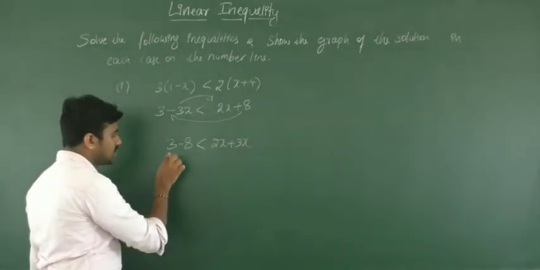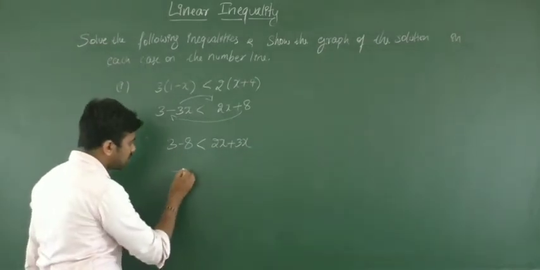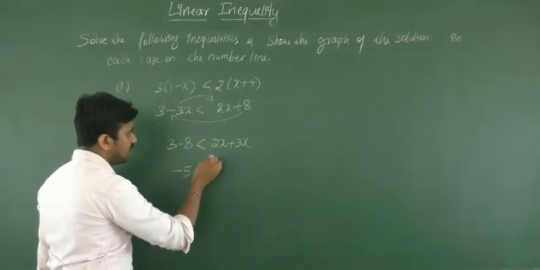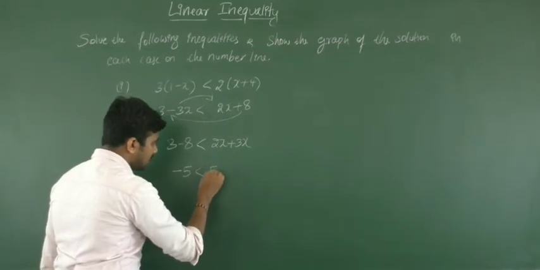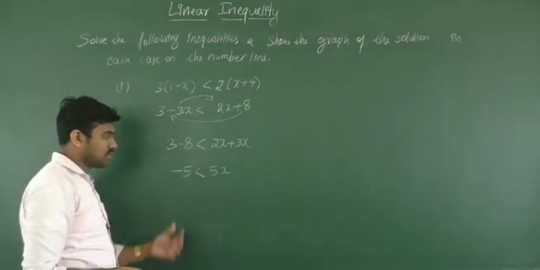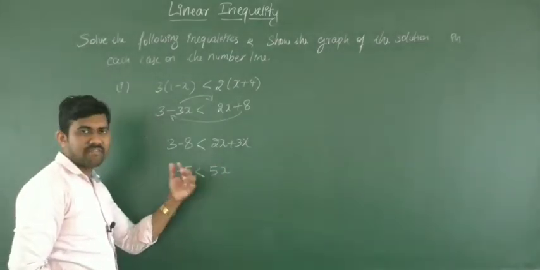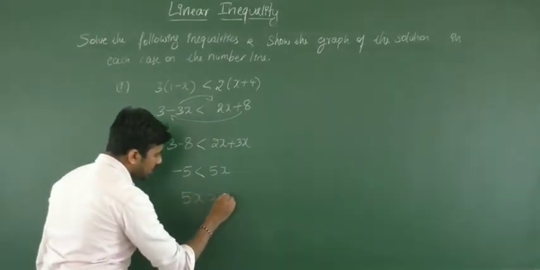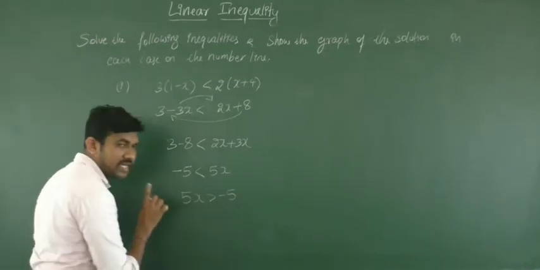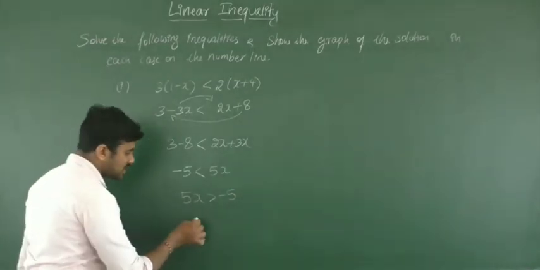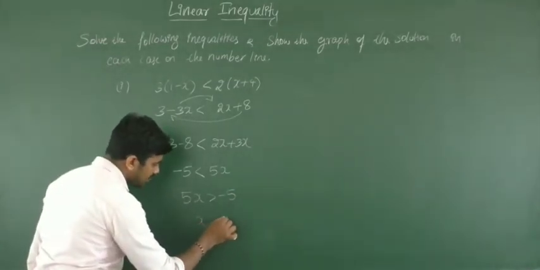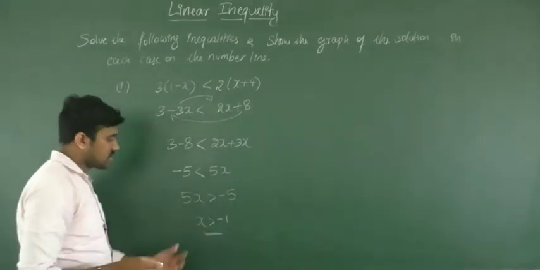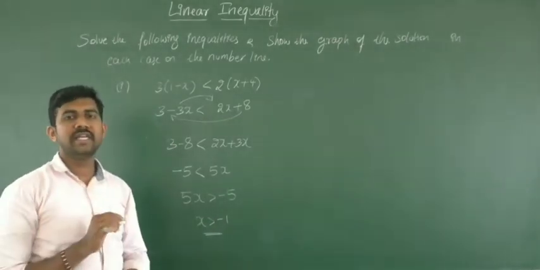That is minus 5 less than 5x, or we can say 5x is greater than minus 5. By dividing 5 on both sides we get x is greater than minus 1. So this is the solution of the linear inequality.